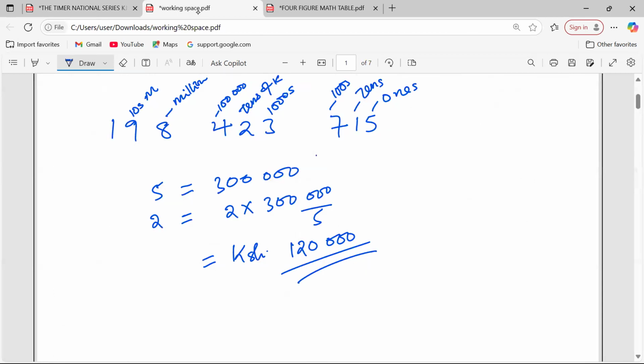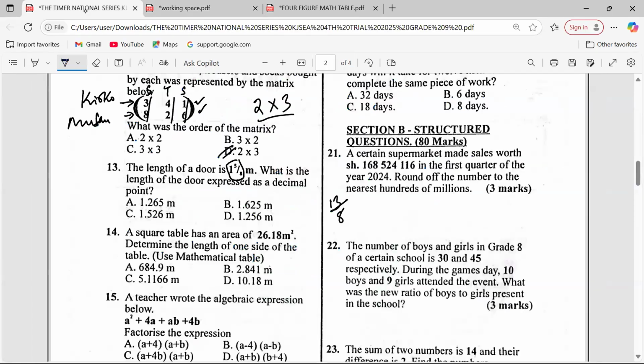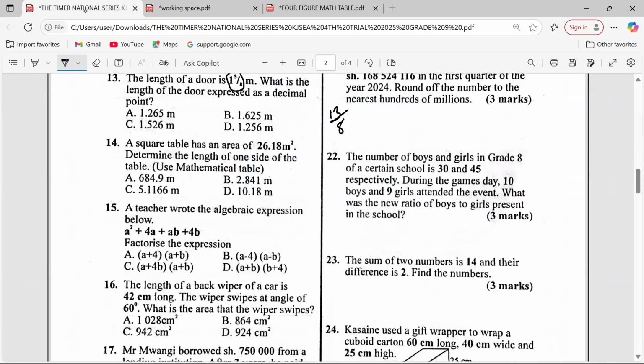So now we will be dividing 13 out of 8. When I take 13 over 8, this is giving me 1.625. It was a length in meters. So I check the options and B becomes the most appropriate.